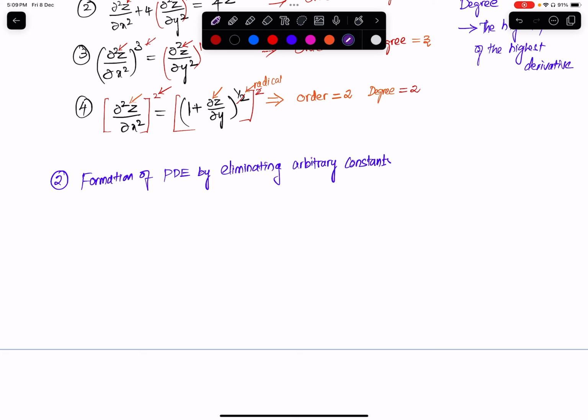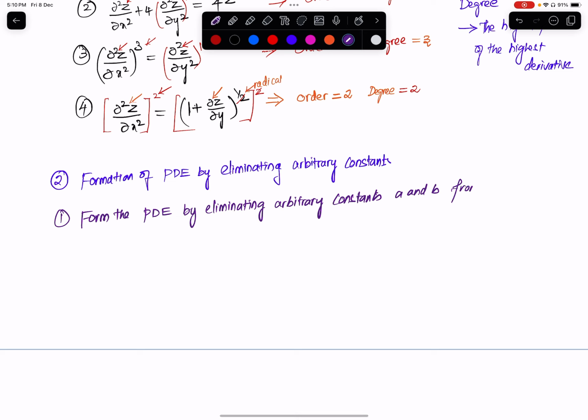So see question number 1: form the PDE by eliminating arbitrary constants a and b from the equation.